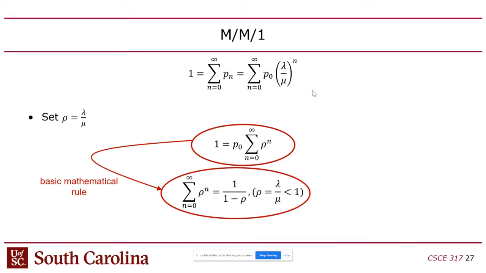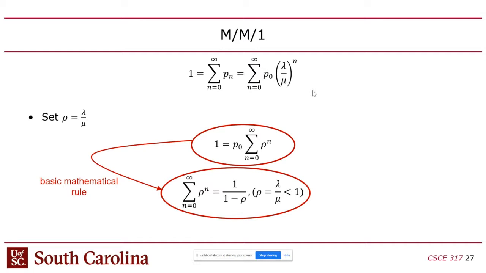Now this next step is a basic mathematical rule. If you add up a bunch of numbers from 0 to infinity, where the numbers are some value to the nth power, as long as rho, the base in this case, is less than 1, it has to be less than 1.